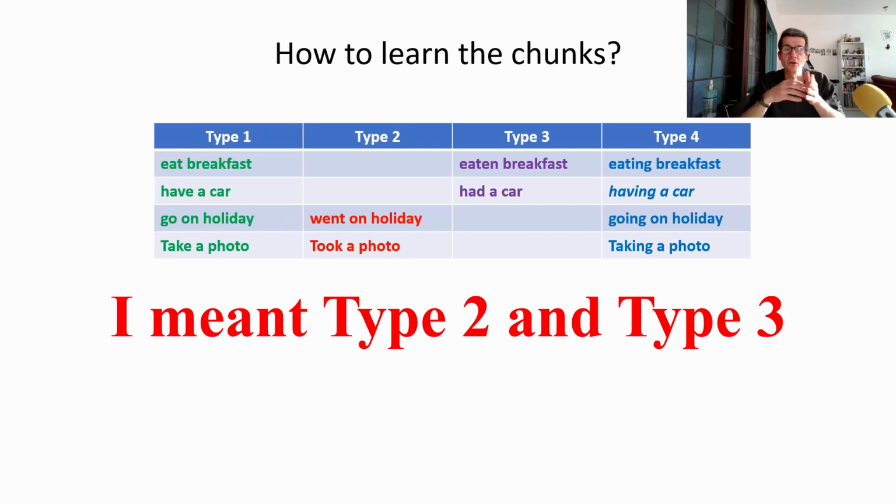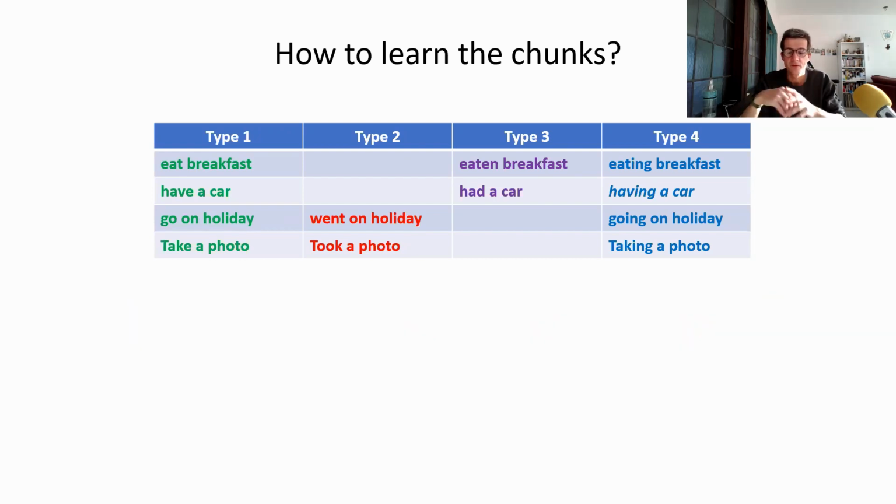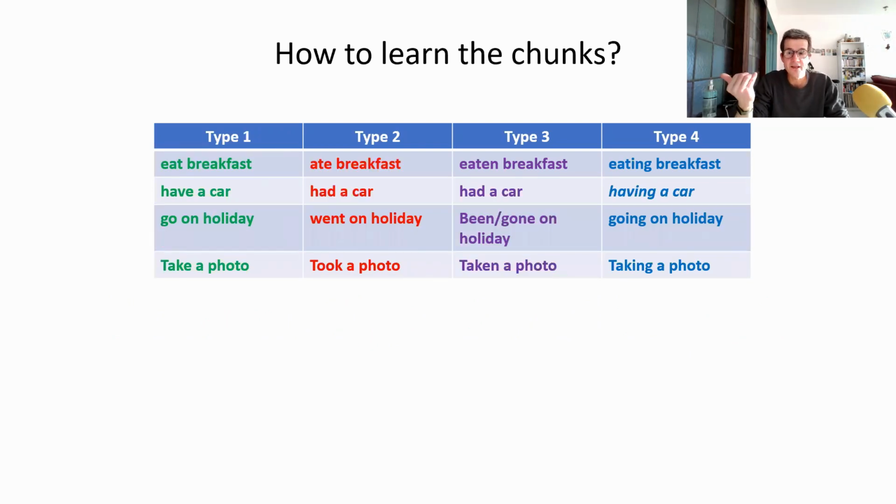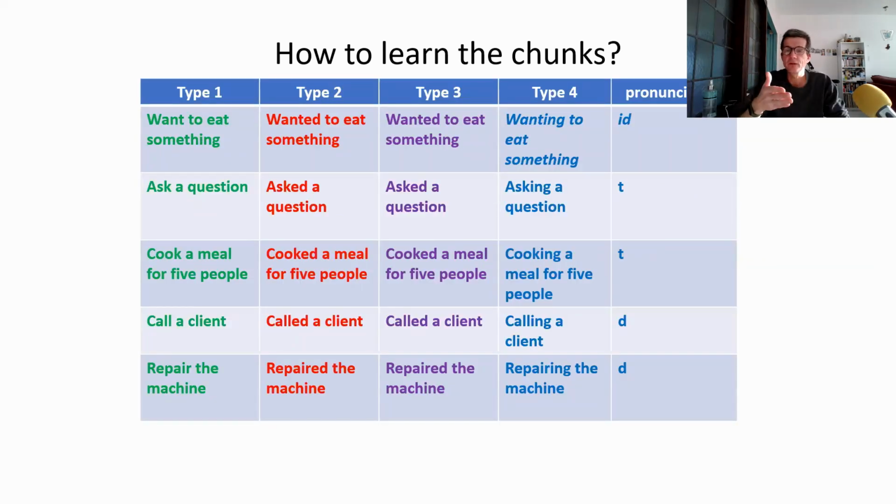So you just need to concentrate on type 2 and type 3 for irregular verbs. What are the missing ones? Ate breakfast, had a car. And type 3 for go on holiday: been on holiday or gone on holiday. There are actually 2 possibilities with go. And taken a photo.